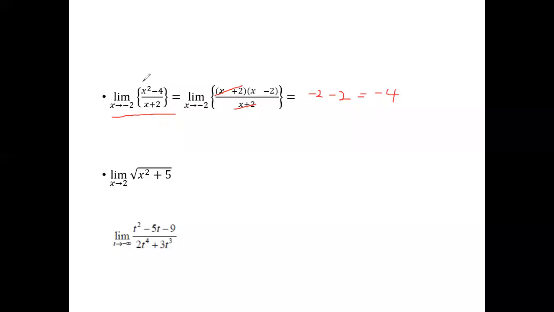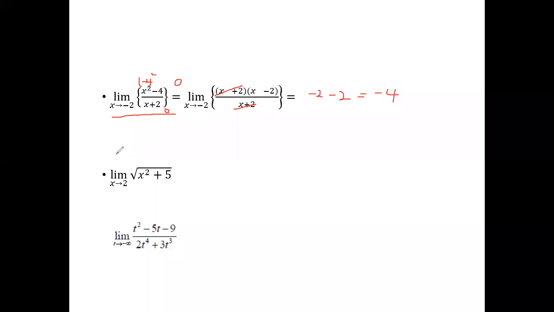So if you put negative 2 squared here, negative 2 squared will give you 4. 4 minus 4 means the numerator will be 0. And then negative 2 plus 2 will also be 0. So that will be 0 over 0, which is indeterminate. Okay. Hence the need to re-express this using what? A difference of 2 squares. And then reducing the expression to get what? Negative 4 for our answer. Okay.